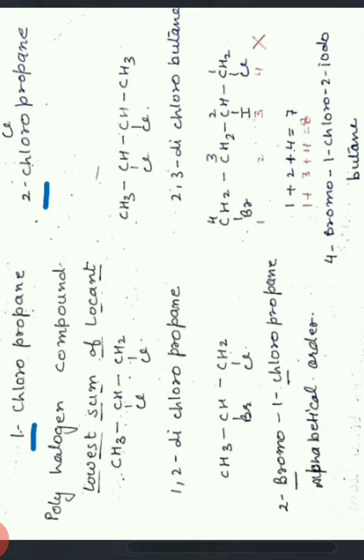When you see there are two chlorine atoms attached in a 3-carbon system, their position numbering according to the previous rules, the first one is 1,2-dichloropropane. In the second compound, there are two chlorines present at equal distance from either side. So in both the cases, it will be 2,3-dichloro and the parent name becomes butane only.